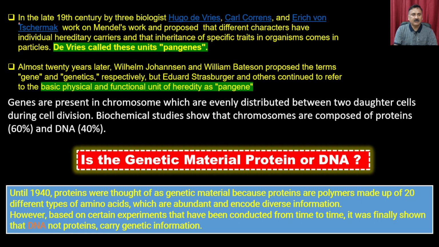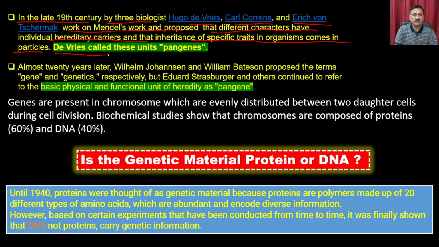So in the late 1900s, three biologists, Hugo de Vries, Carl Correns and Erich von Tschermak, worked on Mendel's work and proposed that different characters have individual hereditary carriers, called particles, for the inheritance of specific traits in an organism.